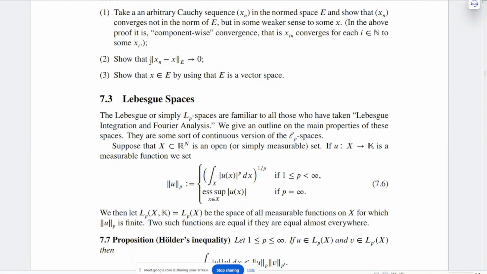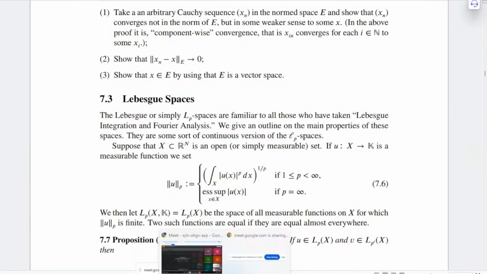Which is the simplest series that you know which is convergent? Give me an example. Yes, sir. 1 by n square is a convergent series, sir.